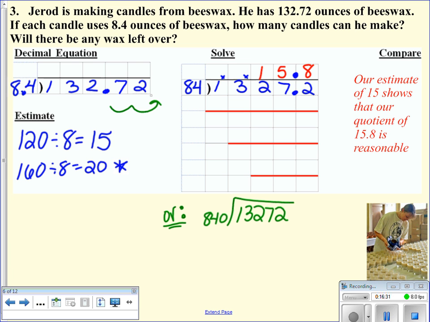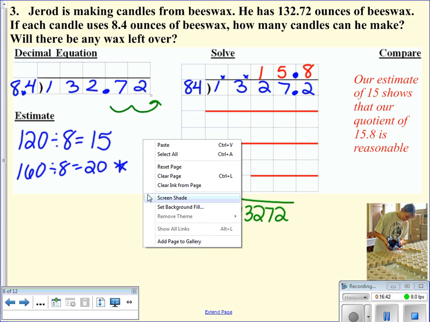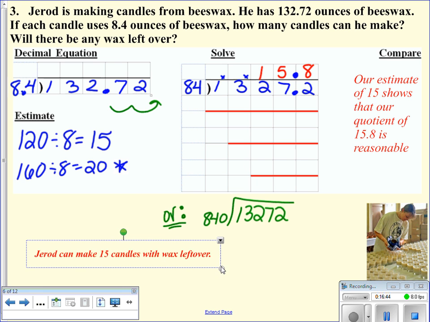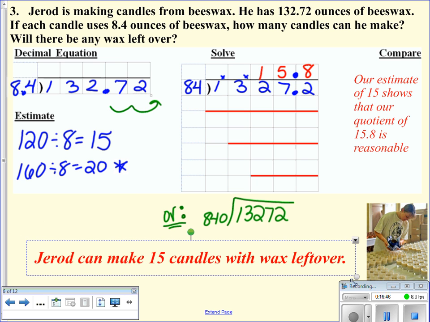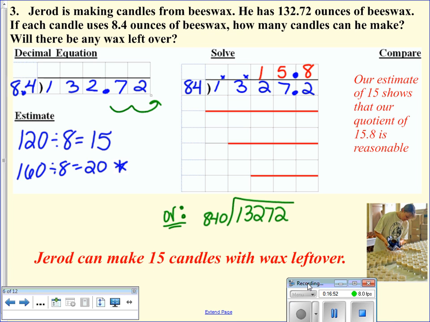Will there be wax left over? Yes, they'll have some left over. So you want to write that as your answer. So he can make 15 candles with wax left over. He was able to make 15 whole groups of 8 and 4/10, but he did have some left over. Couldn't make a 16th candle.